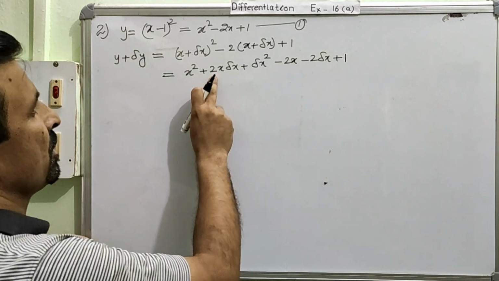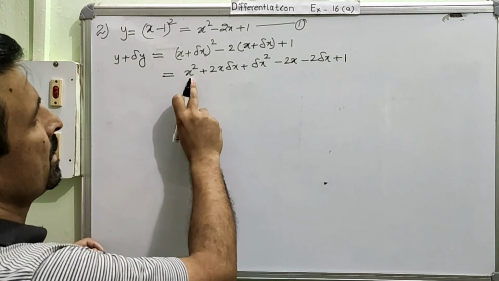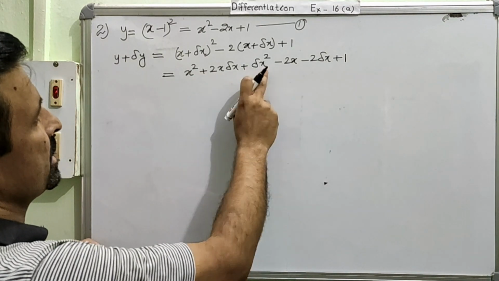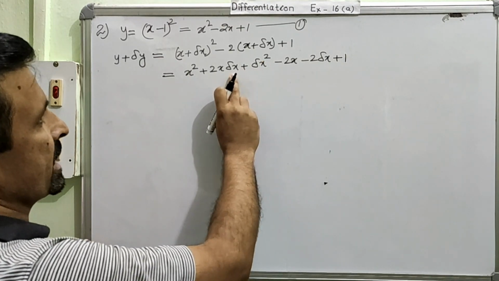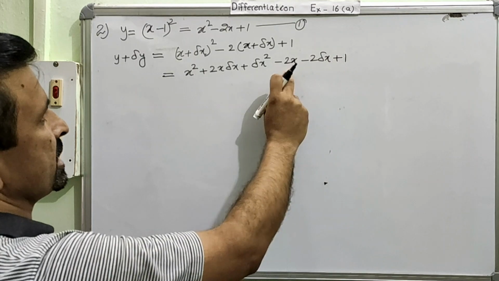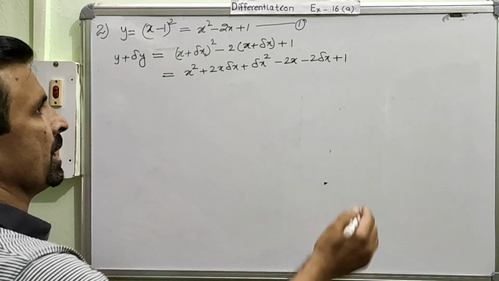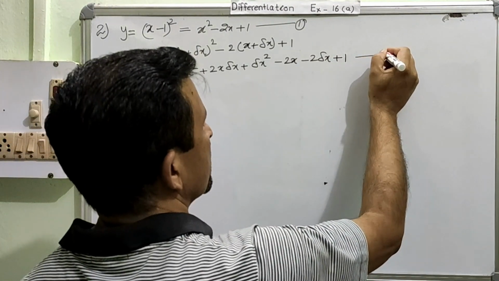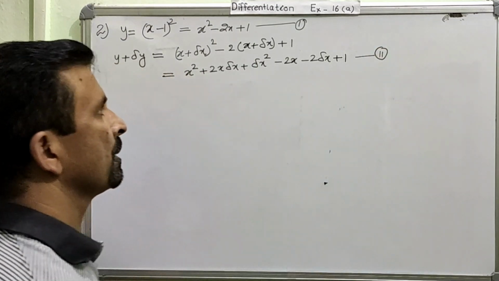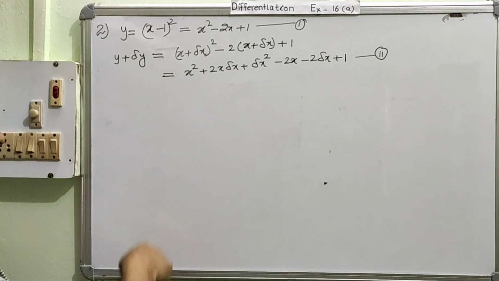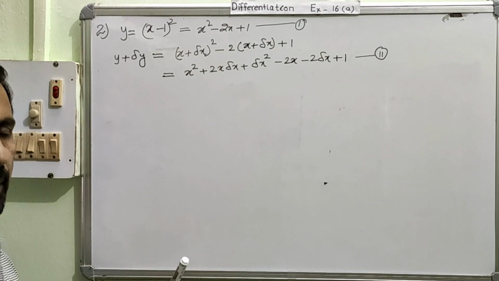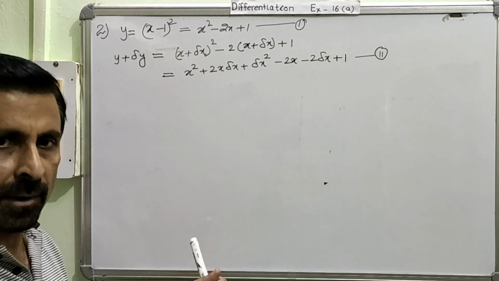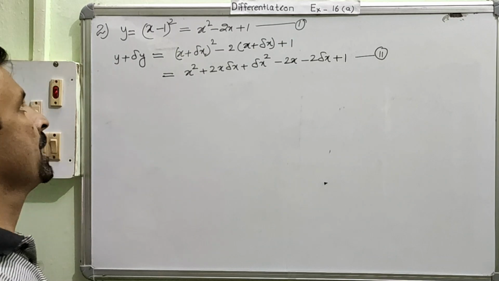Do we have any like term? This is x square, this is delta x square, they are not the same. This is 2x delta x and this is 2 delta x, this is just 2x, so there is no like term. Finally, we can name this equation number 2. Because after opening the bracket, sometimes you may get some like terms, and then it is better to reduce and make the function as small as possible.